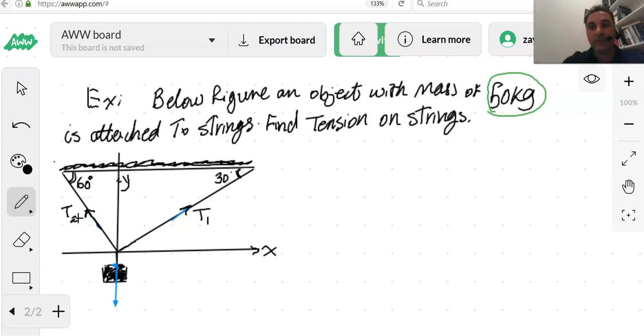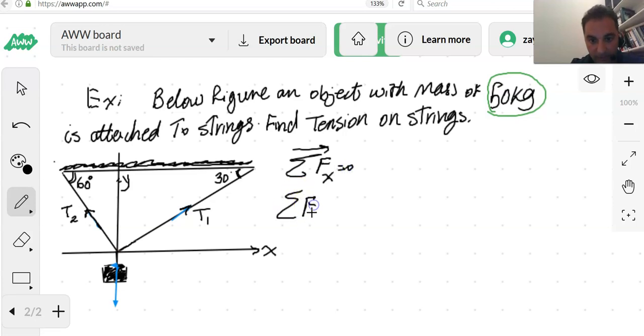Now, what we need to do is apply sigma F on the x-axis is 0, and also sigma F on the y-axis is 0, and we will solve these as a set. We have to verify the forces.